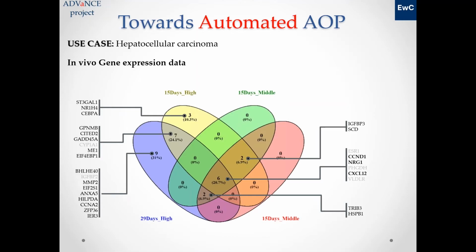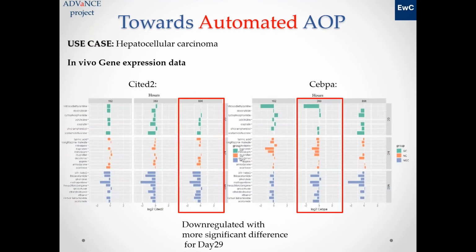What we did later on is we refined the set of genes for which there was missing data. These are the grayed out genes, so we removed them for further analysis, and then started exploring how the individual genes were deregulated as a function of time. We have here 29 days of exposure, 15 days, and 8 days.